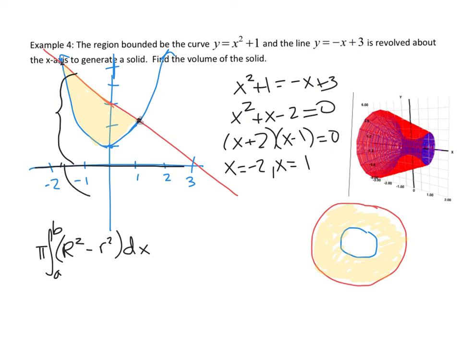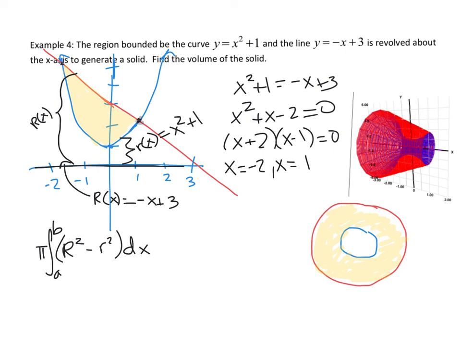We'll do one at some point that is going to be rotated around another line. So my big R, my large radius, is going to be equal to the equation of that line, which is negative x plus 3. My little r, my small radius, is going to be the distance between that parabola and the x-axis, the axis of rotation, and that's my little r of x, which is going to be x squared plus 1.